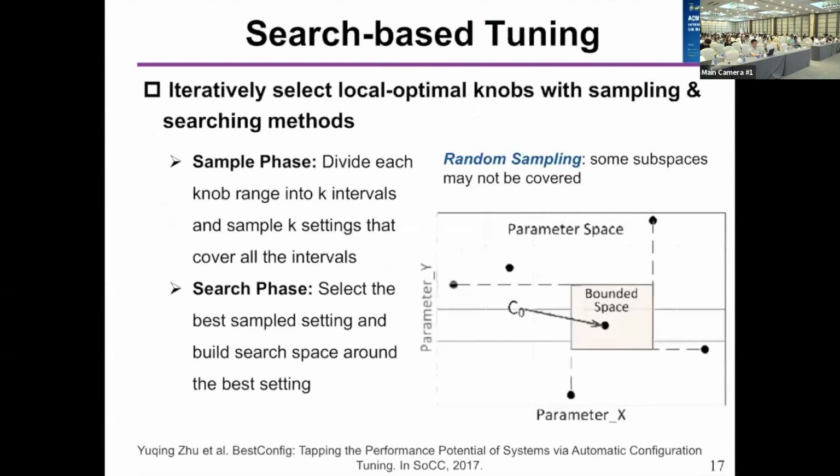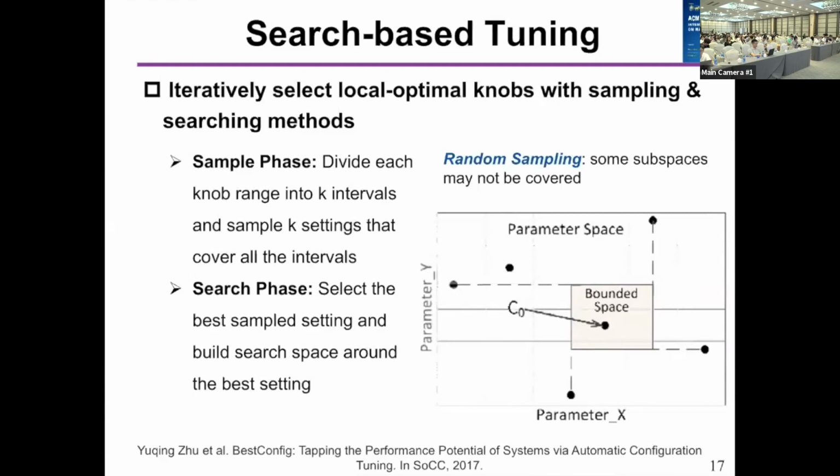So the first method is the search-based tuning method. This is a heuristic-based method. First, they want to get some training samples. They divide the knob range into k intervals and sample some settings for each interval, and then given a new workload, they find some similar workload from this training data, and recommend the knobs based on the knobs for this training data.